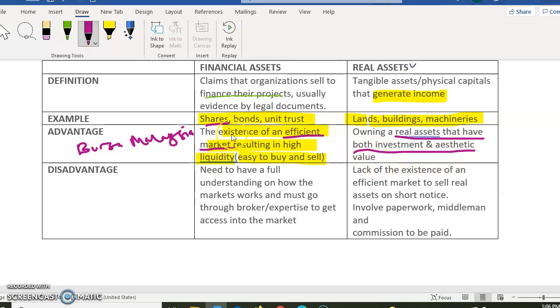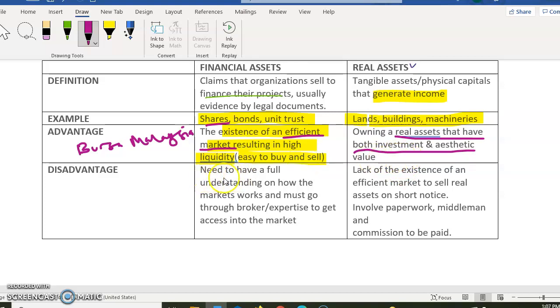Sama seperti financial asset tadi, but it has a kind of investment and aesthetic value. So dia ada nilai-nilai dia tersendiri lah. Kan dia ada nilai tersendiri walaupun dia less liquid. Normally the price appreciation will be quite high. So you akan dapat untung yang tinggi.